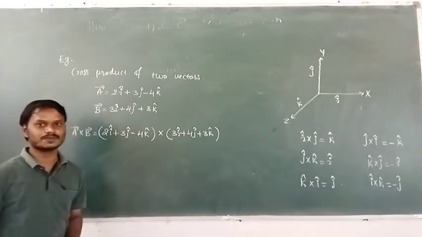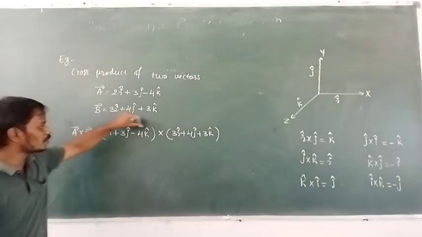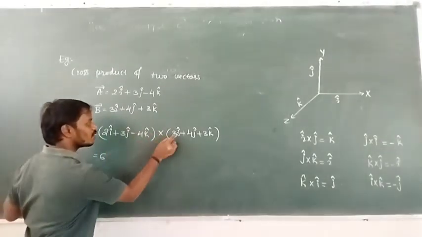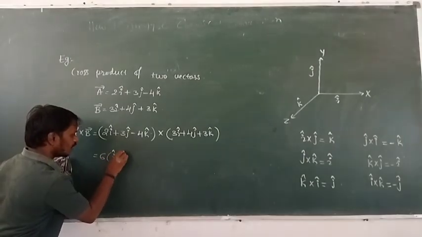Now let us take the cross product. According to the distributive law, 2 into 3 is 6, then i cross i.